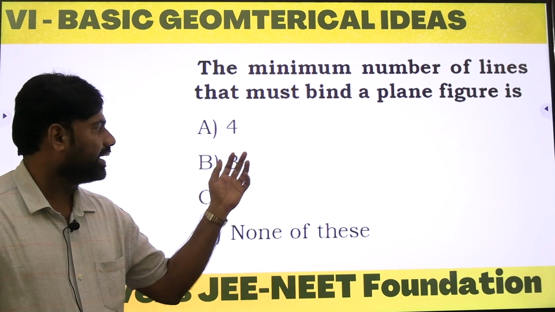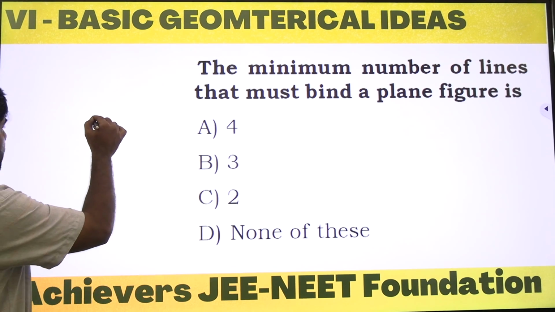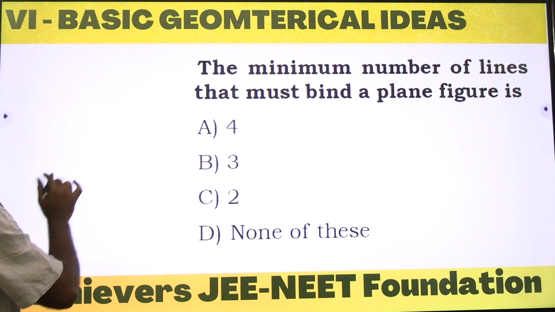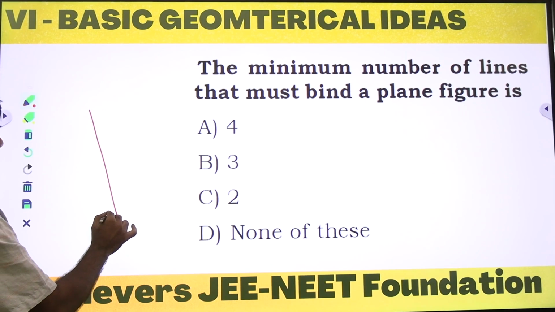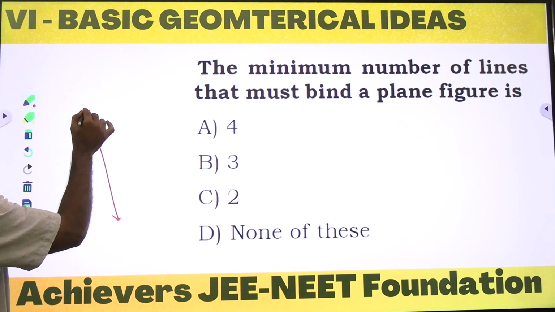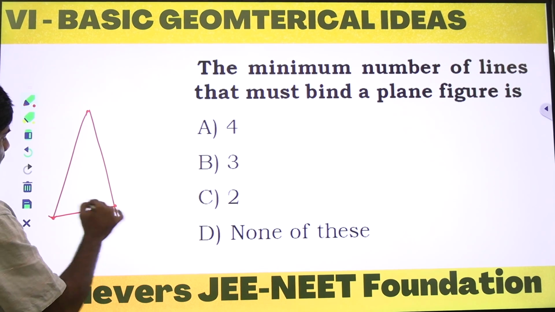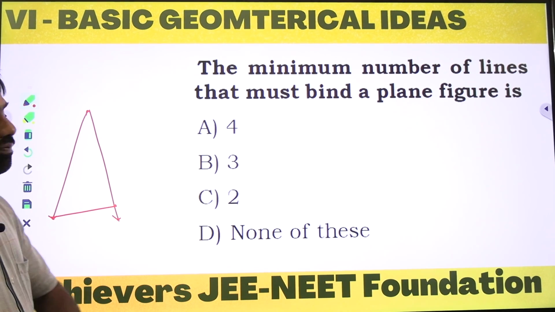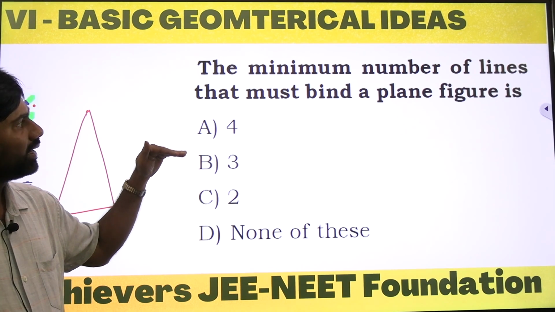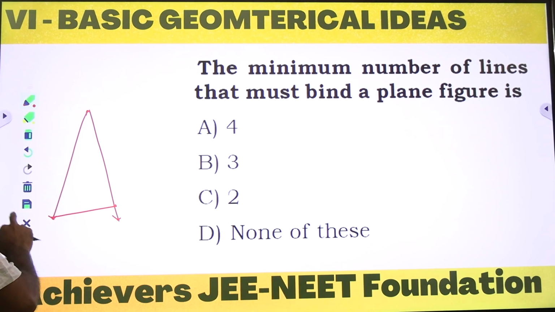If you take 3 lines, then a plane figure can be formed like this. One, 2, 3. Therefore, the minimum number of lines that must bind a plane figure is 3.